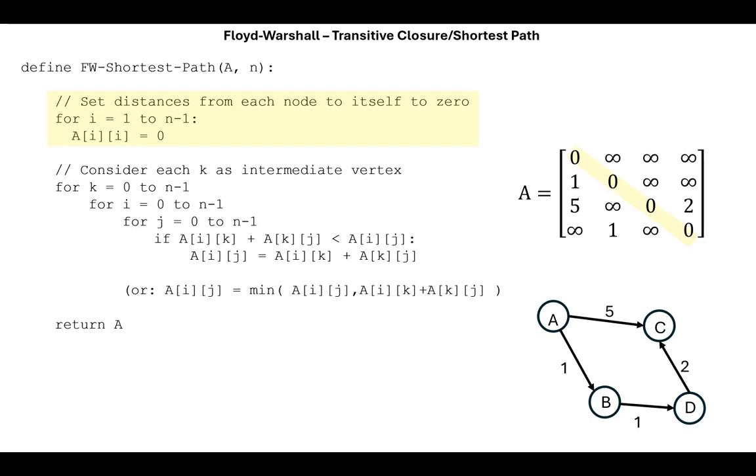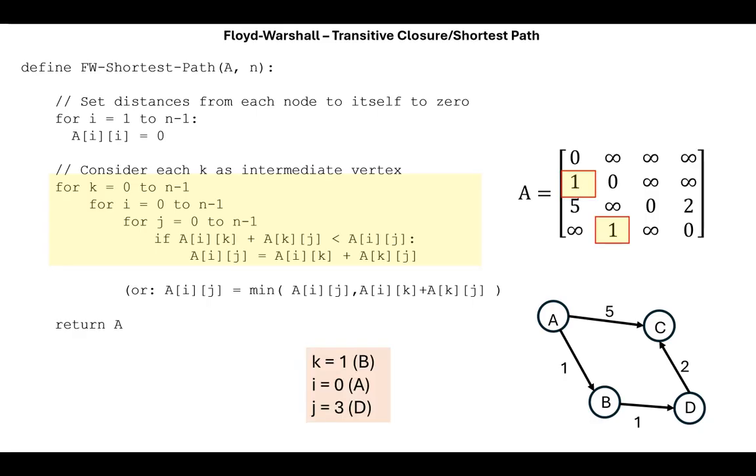In the initialization phase, we set each distance from a node to itself as 0 and the rest to infinity. Then, in the second part, we consider again each node k as a stepping stone between each pair of nodes i and j. But this time we ask, is there a shorter path from i to j via k? If so, then we update the distance value from i to j with this new value.